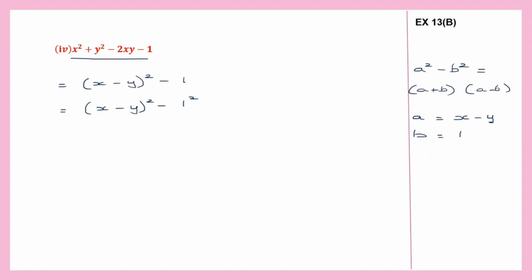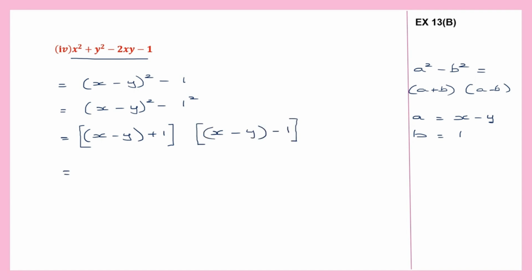So now a plus b will be, what is a? x minus y plus b, and b is 1, into a minus 1. So here we have a plus 1 because 1 is b. So we just have to write the same thing on the other side with a minus sign. So that will be x minus y, which is standing for a, minus 1.